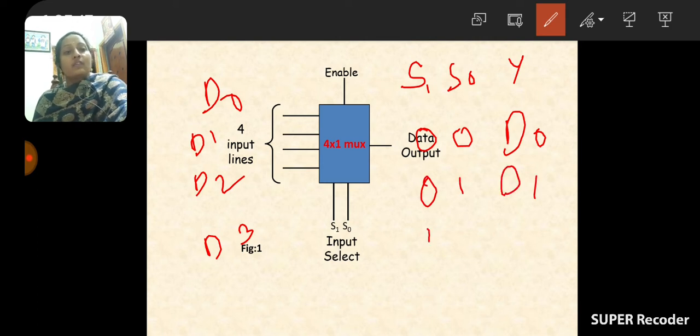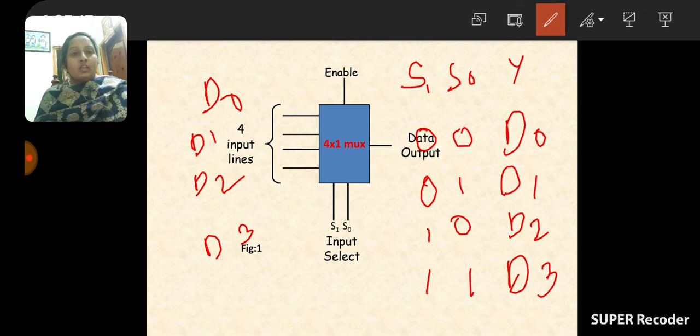If these are 1 and 0, it will select D2. If these are 1 and 1, it will select the bit D3. So in this way, depending upon the signal applied to the selection lines, the multiplexer will select one of the 4 input lines, whether it be D0, D1, D2 or D3.